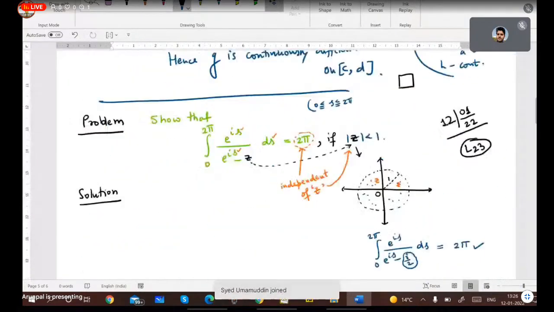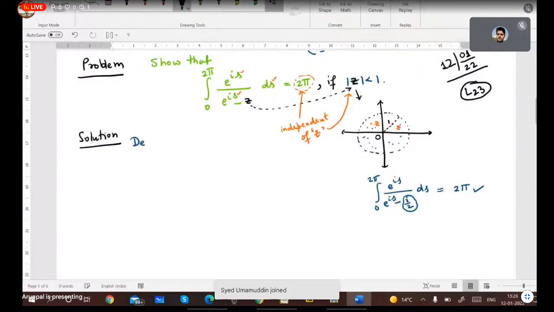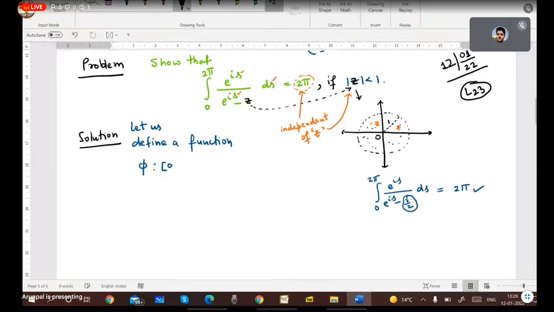Now, to compute this integral, we first of all define, so sorry, let us define a function phi, and phi is being defined on this rectangle. Now I hope you understand the meaning of this cross.